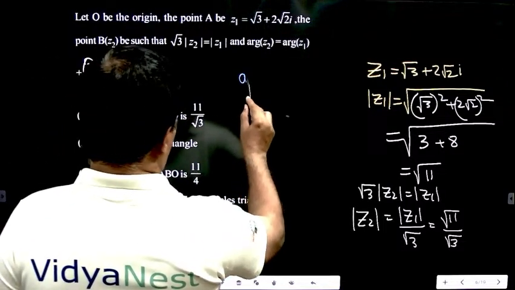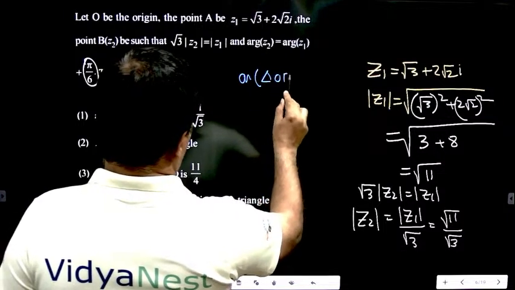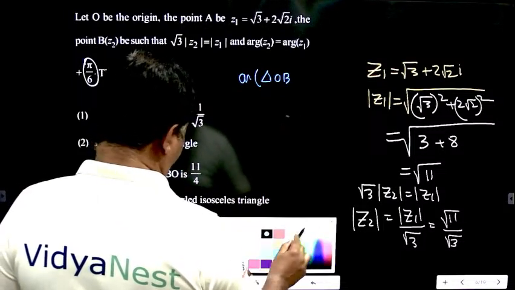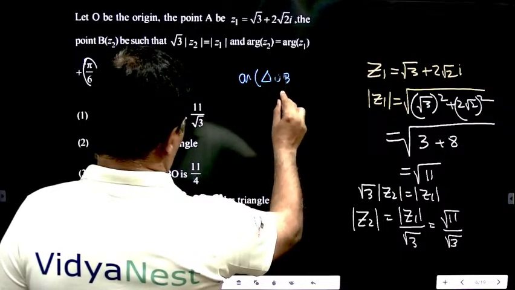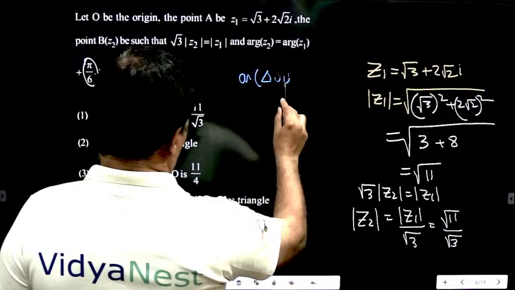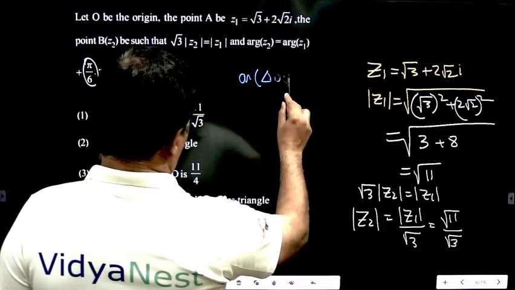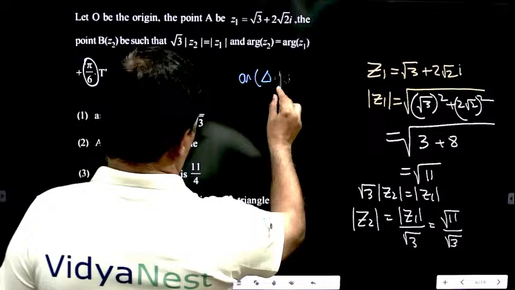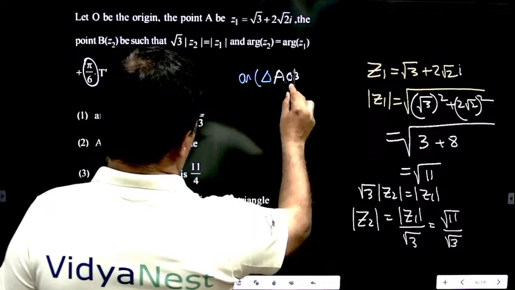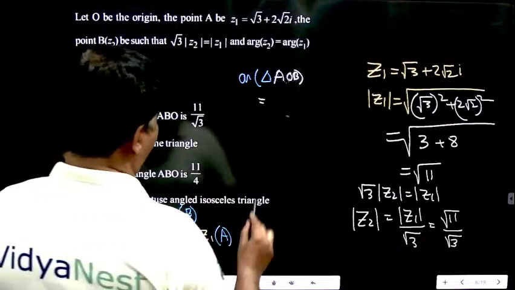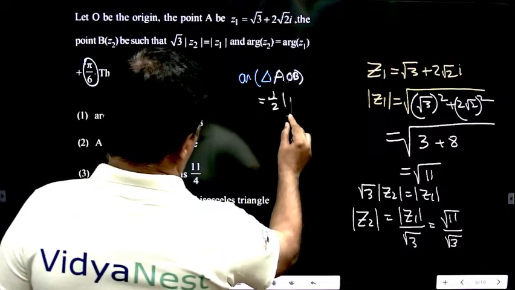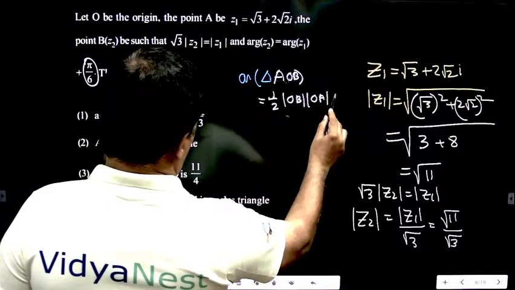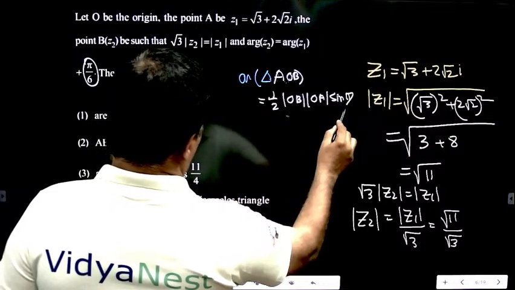Area of triangle AOB is half, magnitude OB, magnitude OA, sine pi by 6.